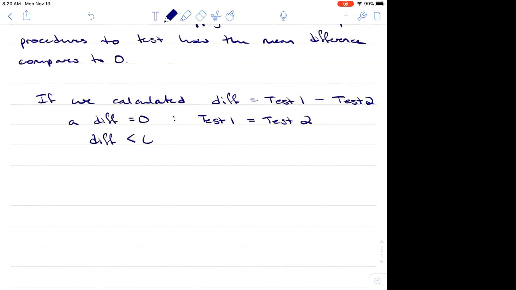A difference less than 0, a negative difference, must mean that test 2 had a higher score than test 1. It means that test 1 is less than test 2.